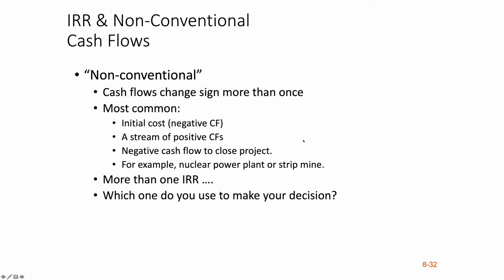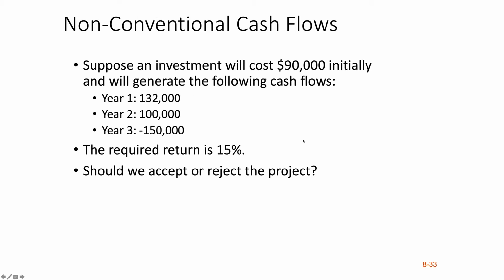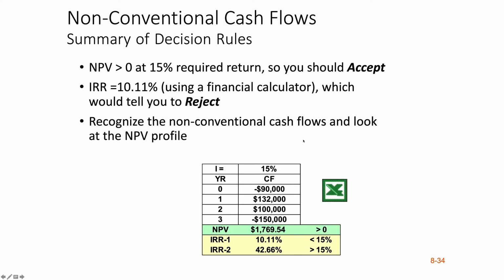Let me just show you one example where you might have some trouble with the internal rate of return. It is when the cash flow changes sign more than once. Let's look at one project. The project has an initial cash outflow of negative 90,000, then for 2 years, cash inflows, and at the end, the cash outflow is 150.